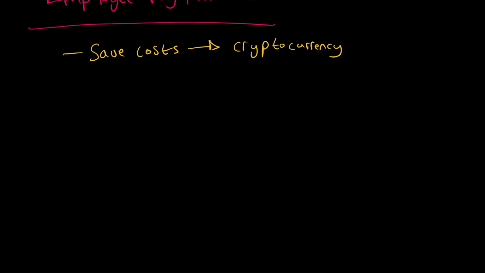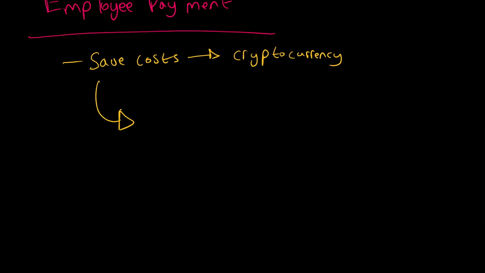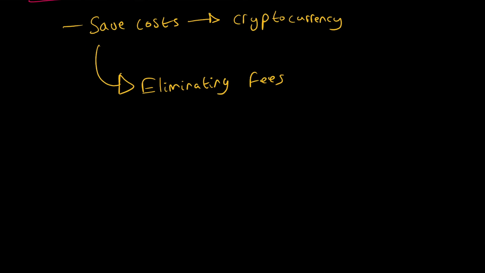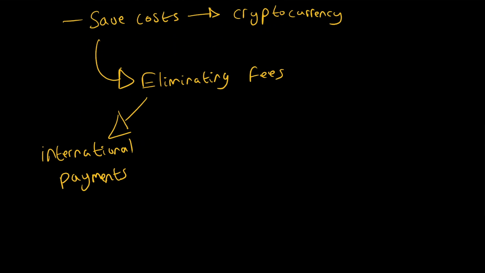And these costs can be reduced through eliminating fees that are associated with international payments. So whether you're paying a vendor or you're paying employees, because they could be contractors, this can help reduce those costs.